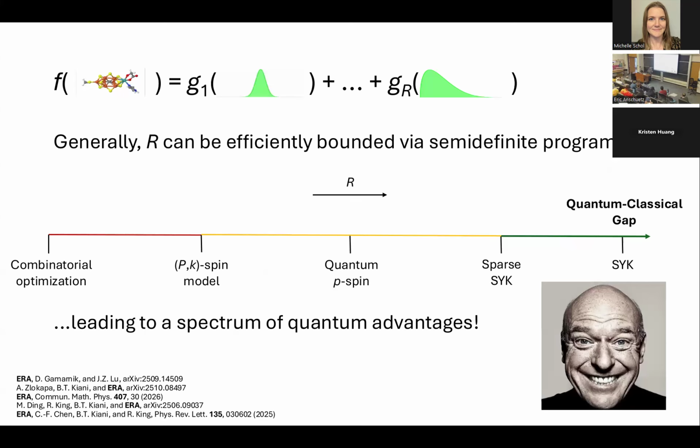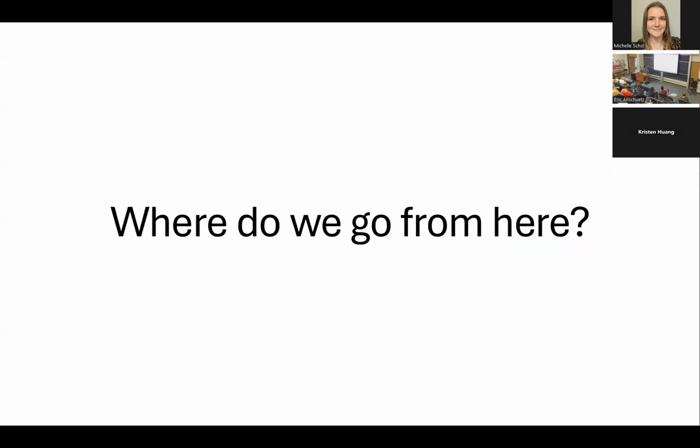So there's some efficient classical algorithm out there that can efficiently bound this R. And here, all these results I've laid out have been pen and paper, analytically looking at the result of this SDP. But in practice, I'm interested in doing this more concretely for real physical systems that people are interested in.